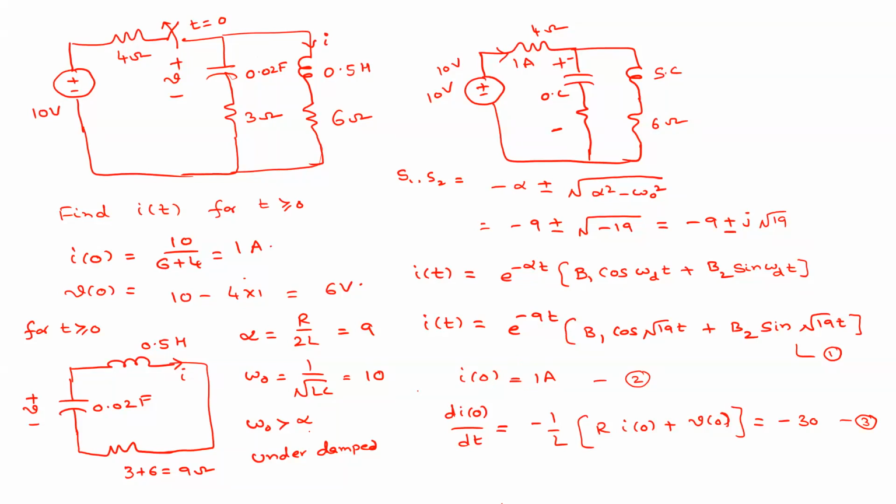1 equals e to the power of minus 9t, B1 cos root 19t plus B2 sine root 19t. This is I of t.